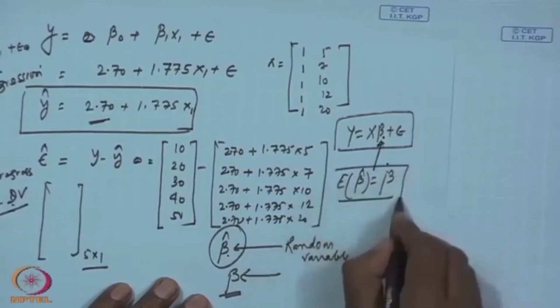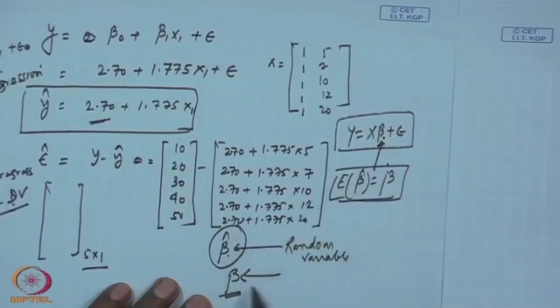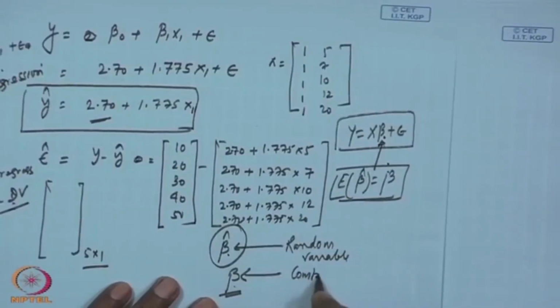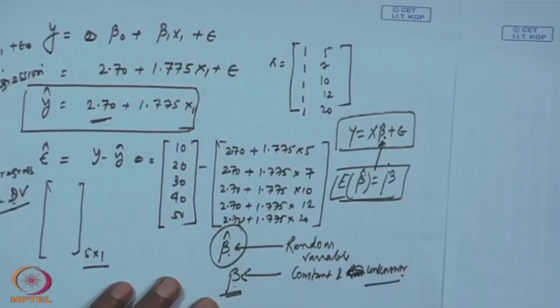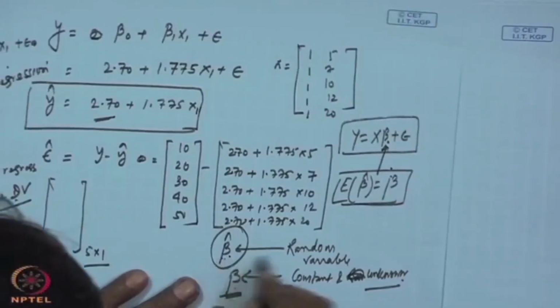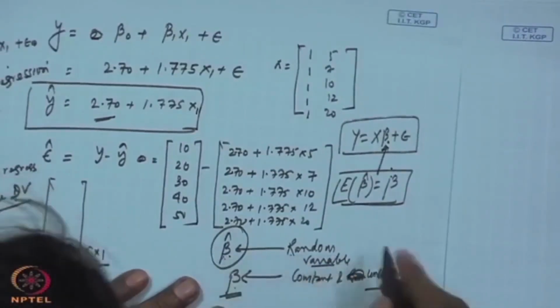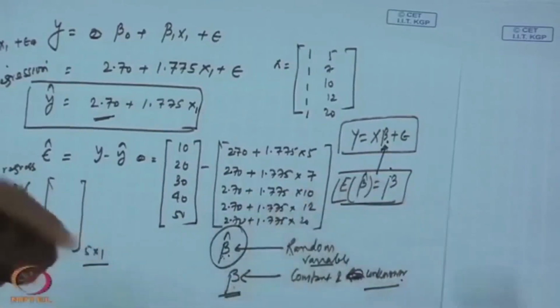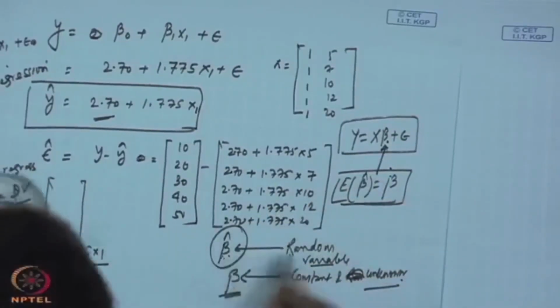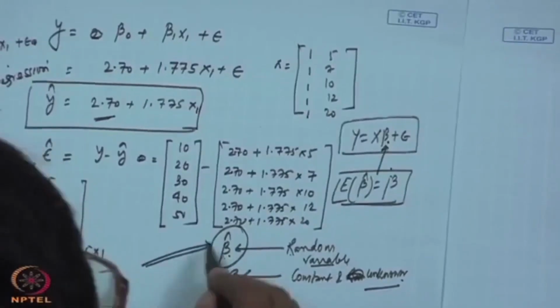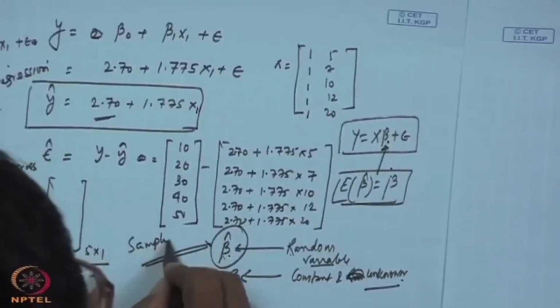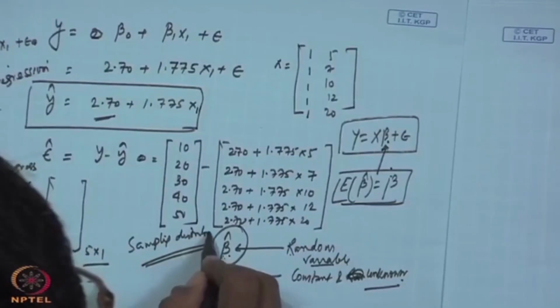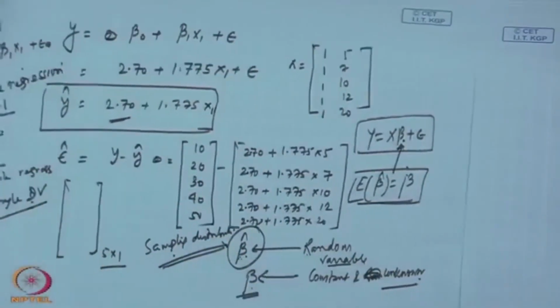This is the unbiased estimation. Fine. So, beta is constant and unknown, and beta cap is a random variable, but it is known now. When you are collecting data, you are getting this value. So, we will go for the sampling distribution of beta cap. Okay. Next class.